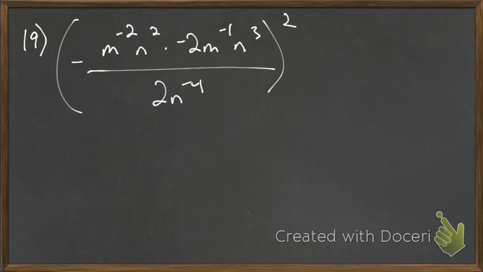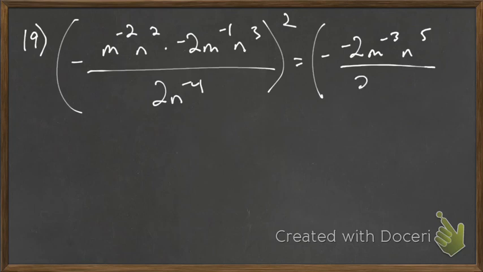All right, I'm going to tighten up my numerator first. I've got a negative 2 up there. All right. n to the negative 3, n to the 5th, over 2n to the negative 4th. All right. Next thing I'm going to do is I can simplify inside. This negative times negative is a positive, so I'm going to get rid of that. Okay.